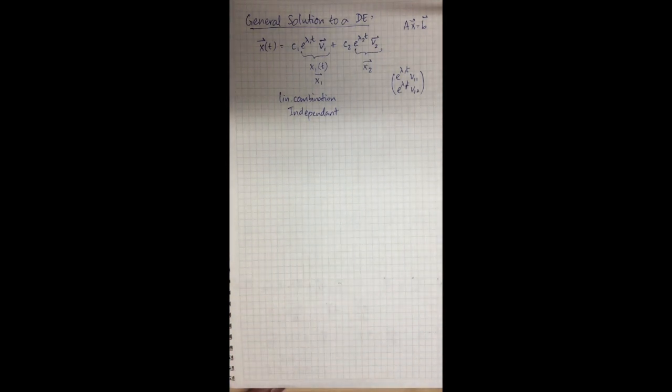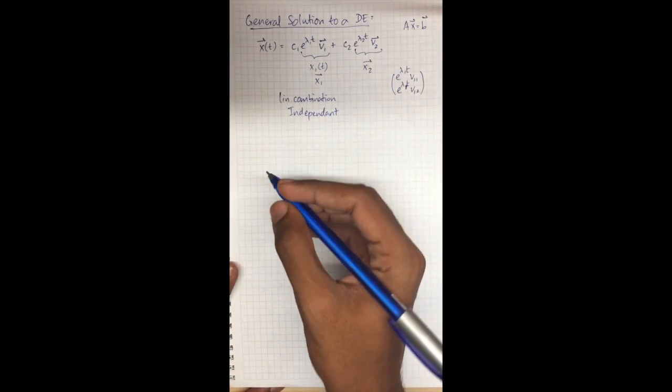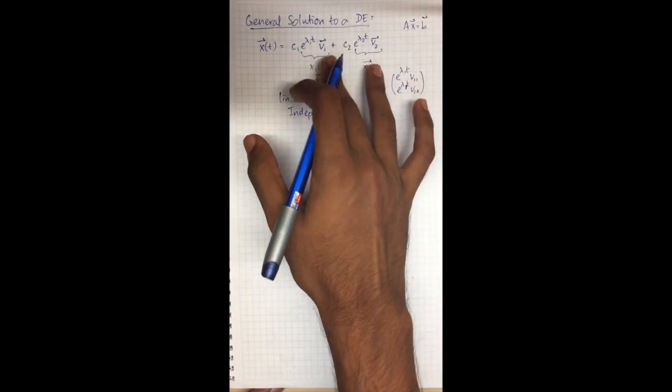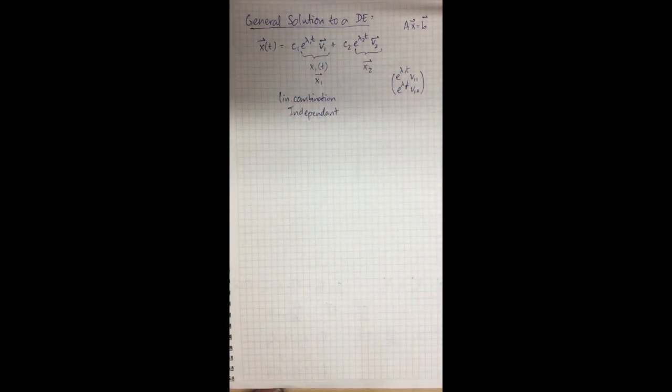So this is something important when we are looking at this: it should be independent and it's a linear combination. Also, we can extend the solution to an n by n matrix.